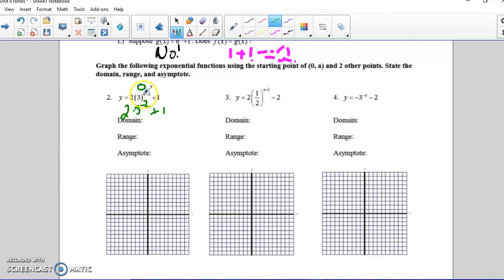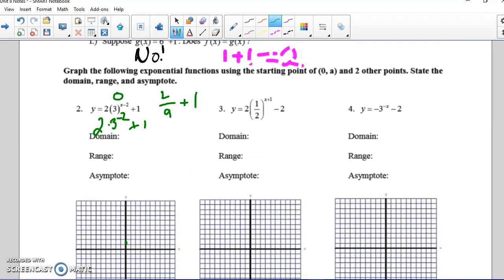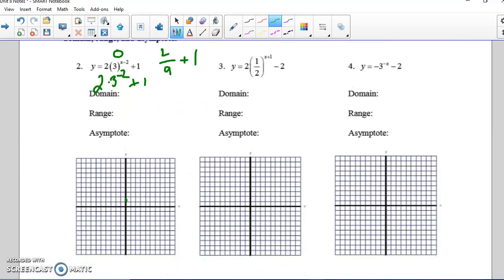This 3 to the -2, I know would move to my denominator, so it would be 2/9 plus 1, because it would square it as well, which would be equal to 11/9. So we have 0, 1, and just over 1, where that little green dot is. I'm going to zoom in to make it a little bit easier to see.